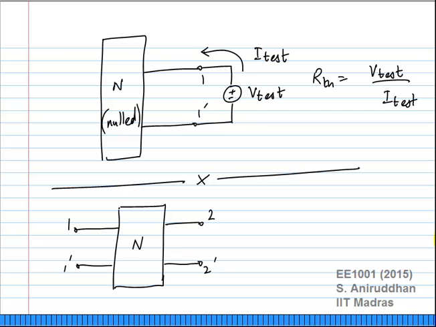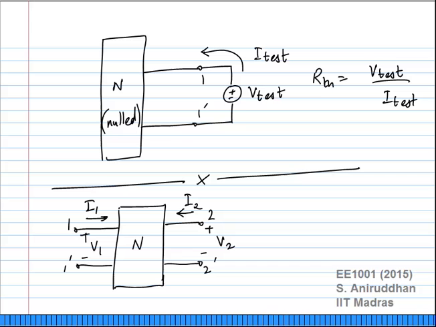What kind of relationships do you expect between these pairs of ports? What are the quantities of interest? You can have a quantity of interest which is V1, the input port voltage, and the output port voltage V2, input port current I1 and output port current I2.